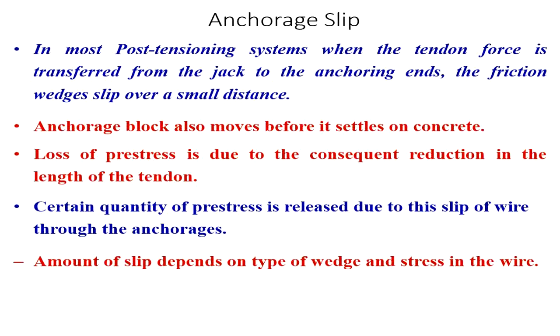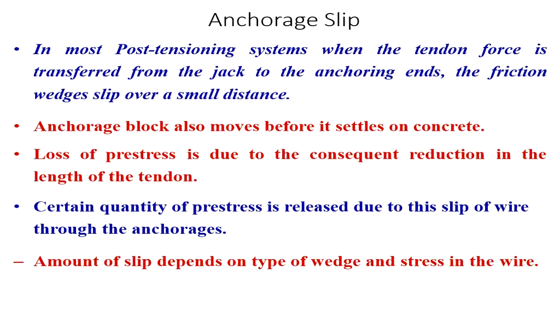So here, anchorage slip. This loss of pre-stress occurs in the case of post-tensioned beams. This is the immediate loss whenever a tendon is stretched. Here the slip occurs in the case of anchoring the tendon.